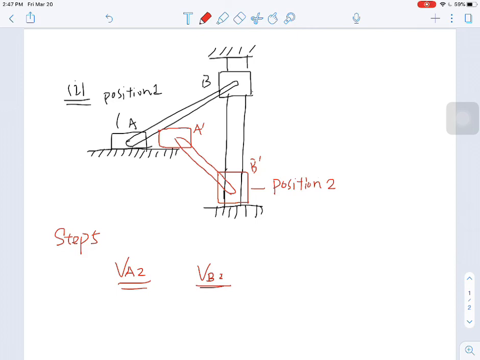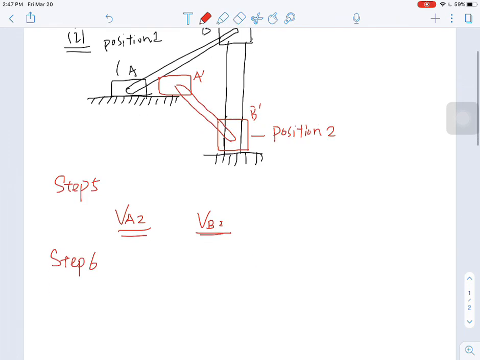And we realize you only have one equation but two unknowns, and in that case you will need a step 6 to build one more equation to help you solve for VA or VB. So this equation will show the relationship between VA and VB.